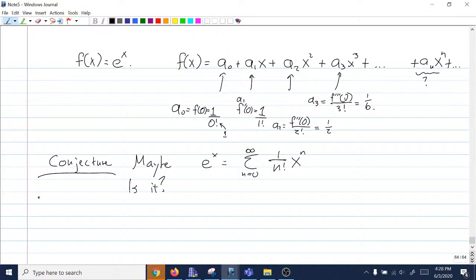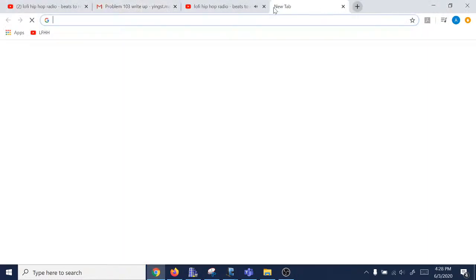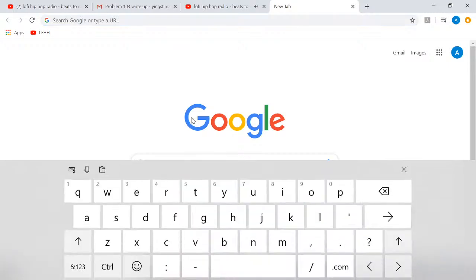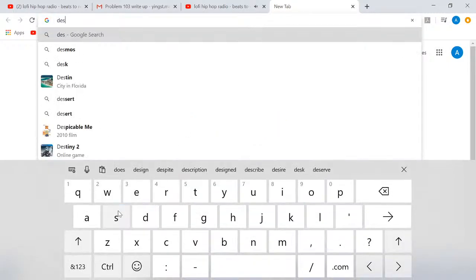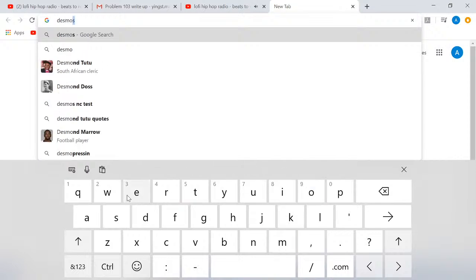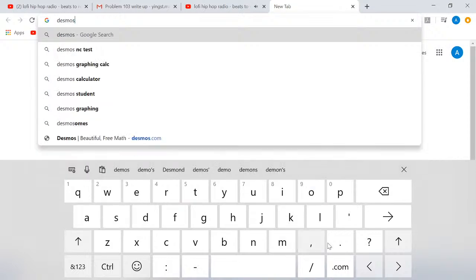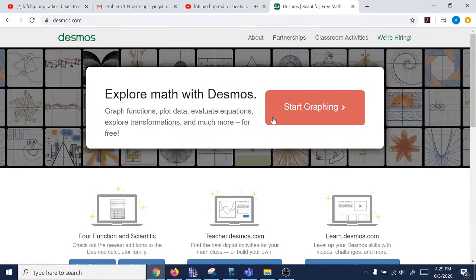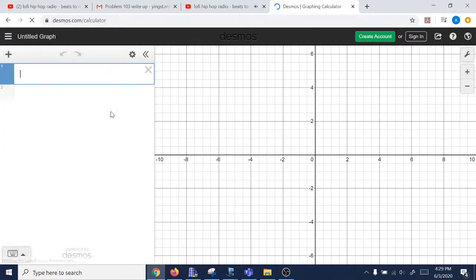Let me pull out a graphing calculator and try some things out. Desmos is a nice, pretty graphing calculator on the internet.